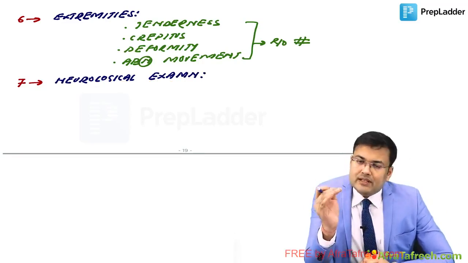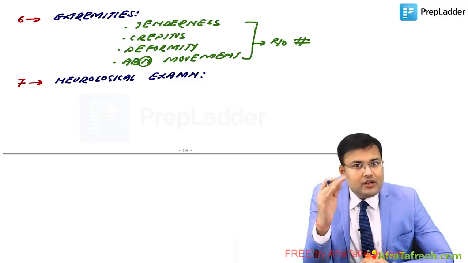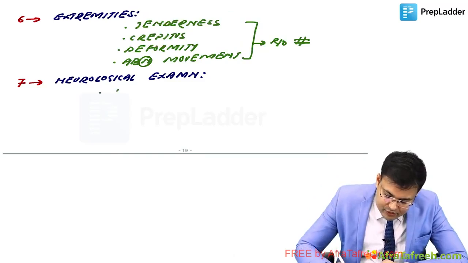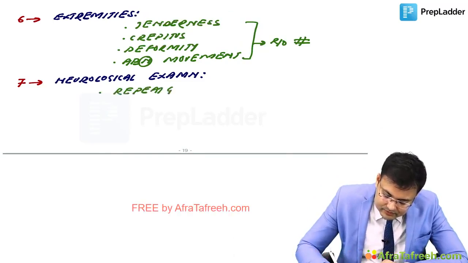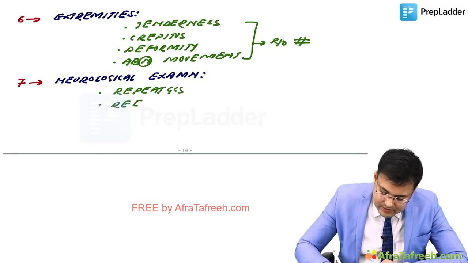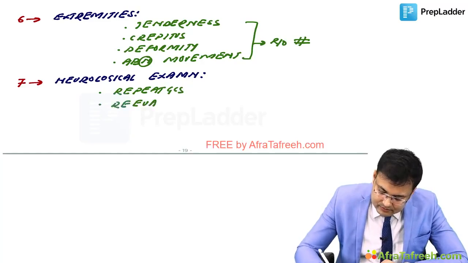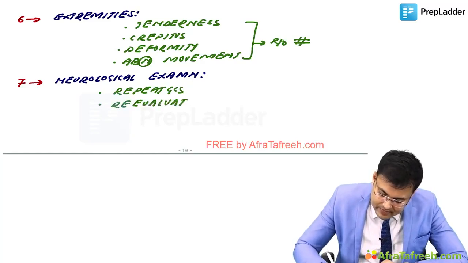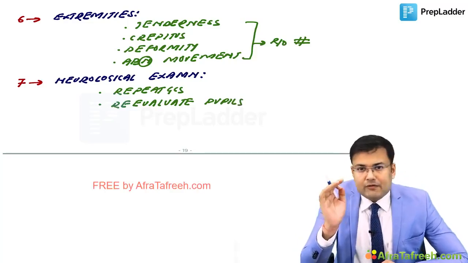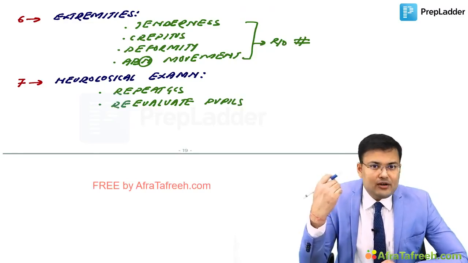Here we are going to repeat GCS to see whether there is improvement or deterioration. Second, re-evaluate pupils.